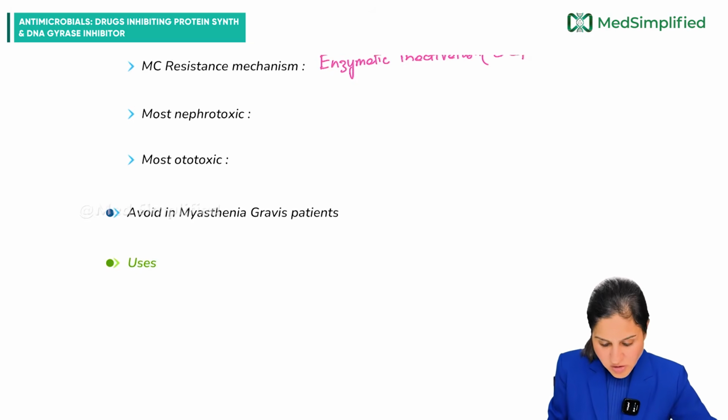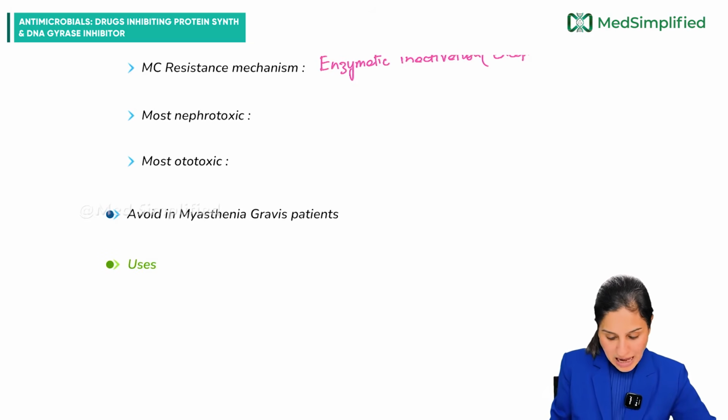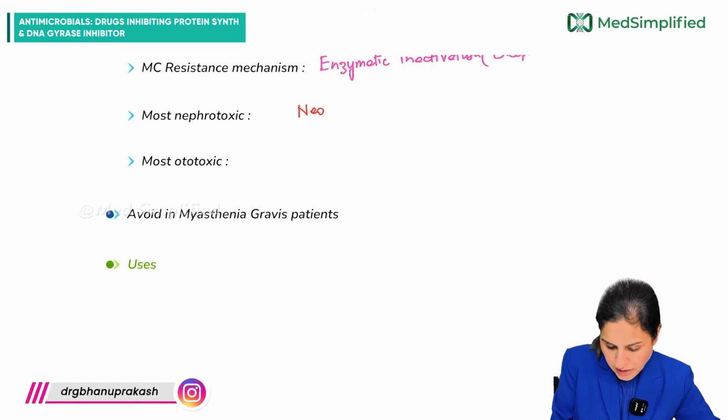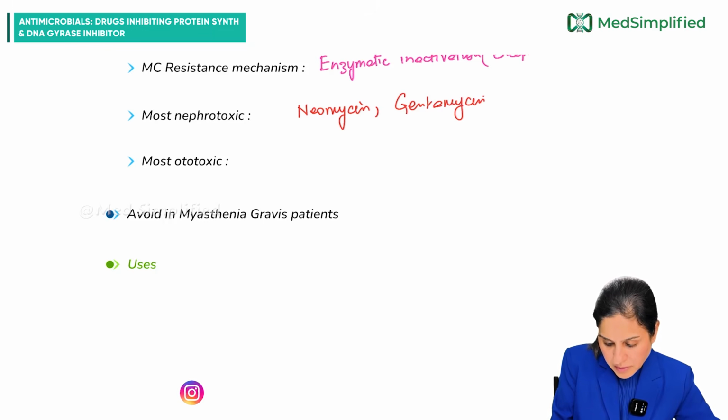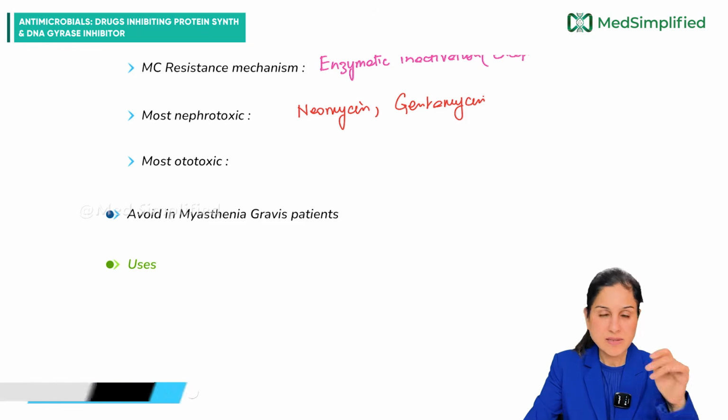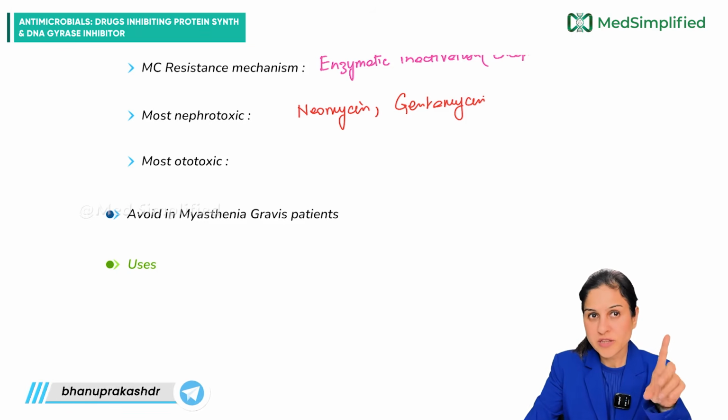So which is the most nephrotoxic drug? Out of these drugs, we have neomycin and gentamicin. Remember, these drugs are nephrotoxic. So whenever you use them, you always have to check the creatinine clearance.